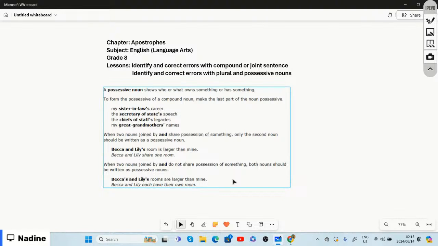All right, and we see that if two nouns are joined by the word and they do not share possession of something, then both nouns should be written as a possessive noun.